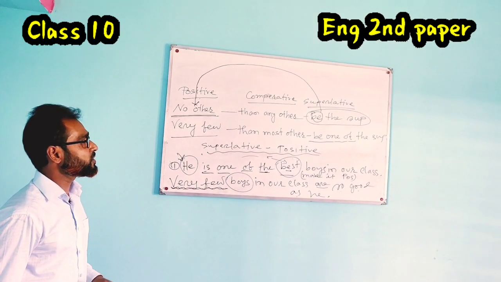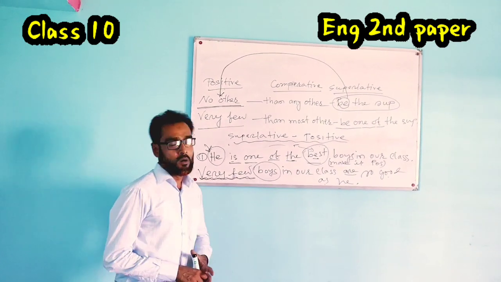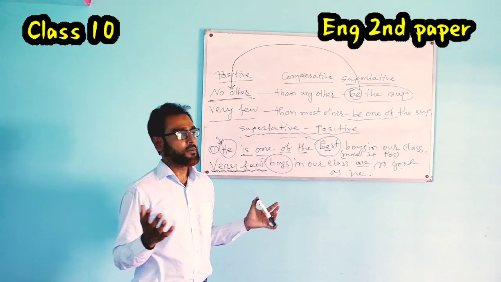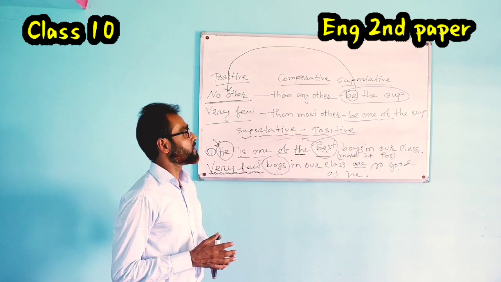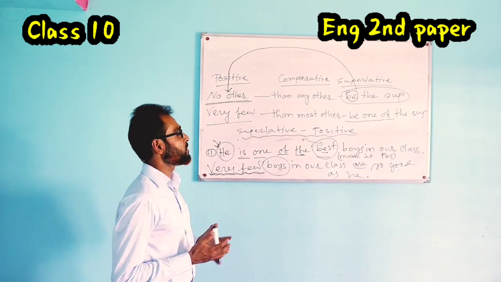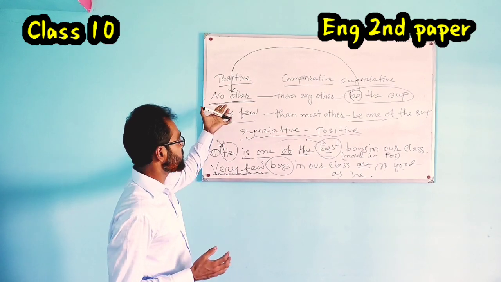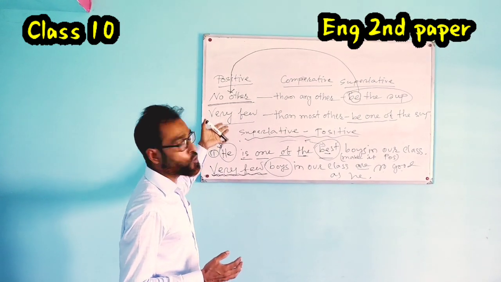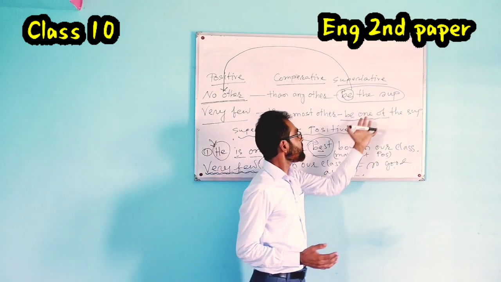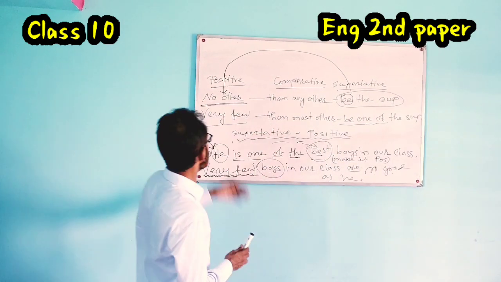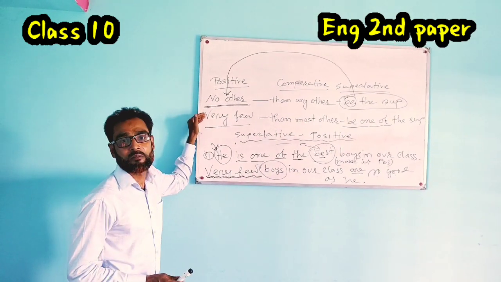Now my dear students, we have learned how we can change from superlative to positive. The two rules: with be the soup, with be one of the soup, by no other, and by very few.